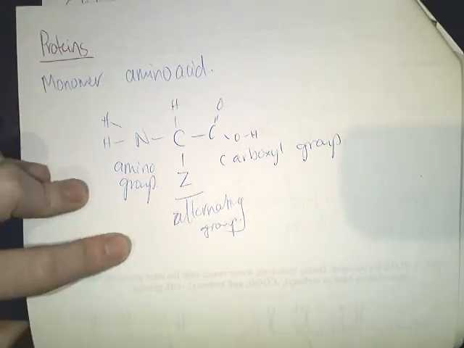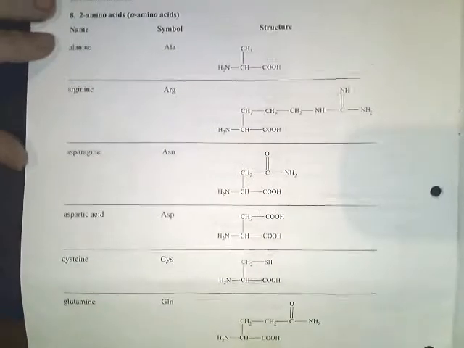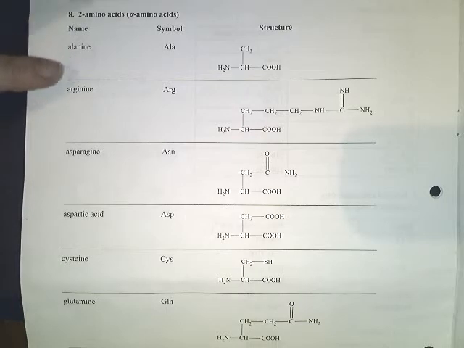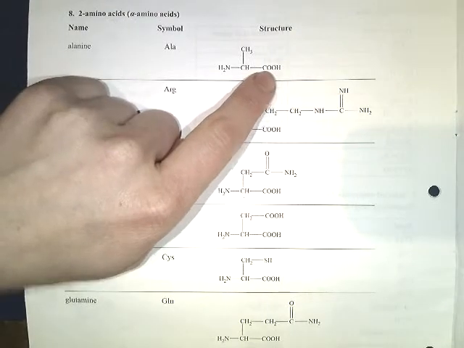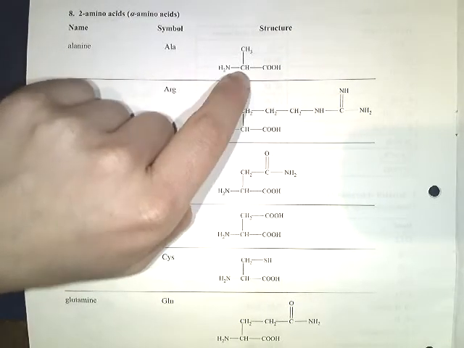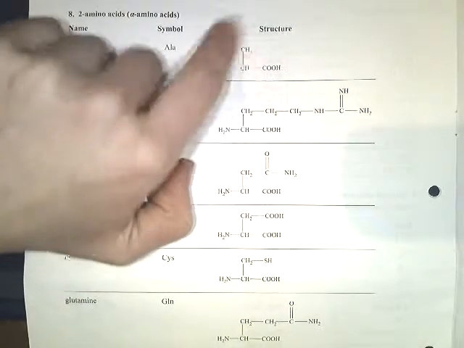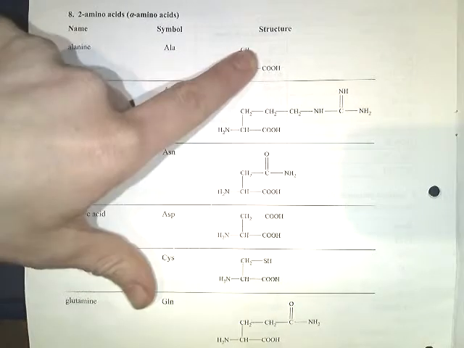All of your amino acids are in the data book. They've got all of them that are found in humans. Okay, I'll show you where they are. Here we go. So we've got alanine, arginine, and so on. They're all in alphabetical order. Here it's represented with the carboxyl group here, the amino group here, CH, and then the Z group.